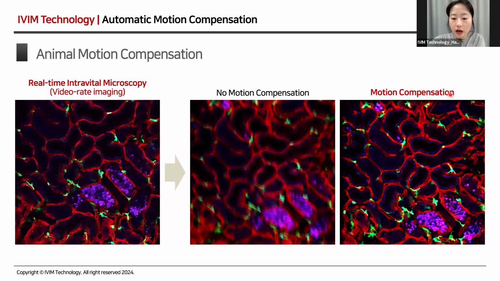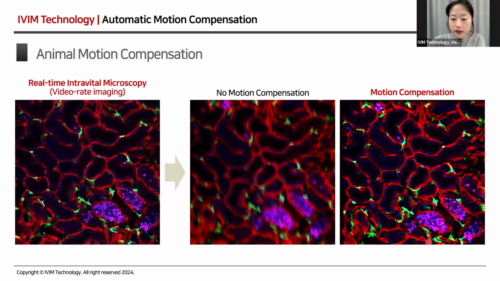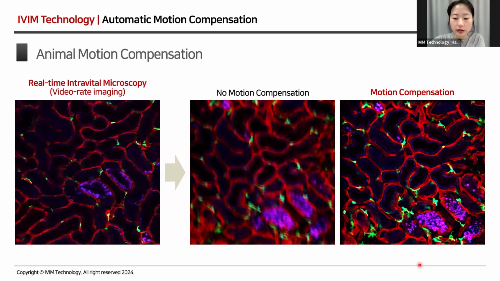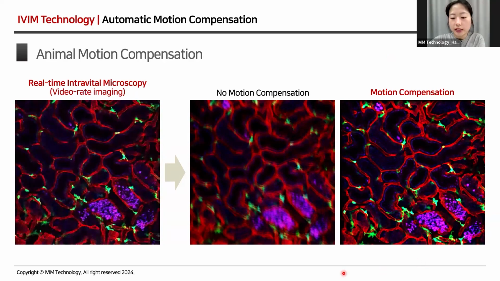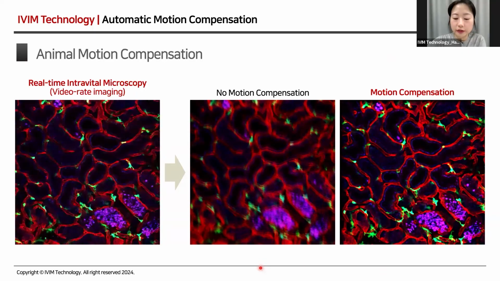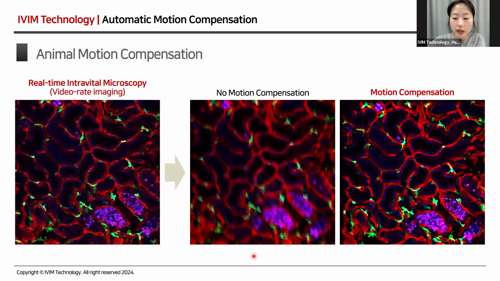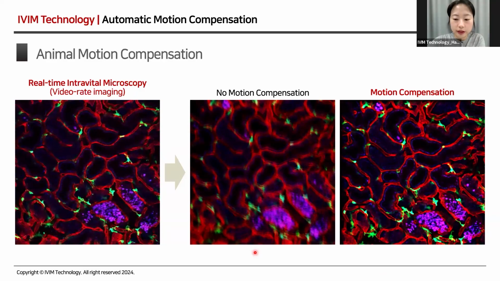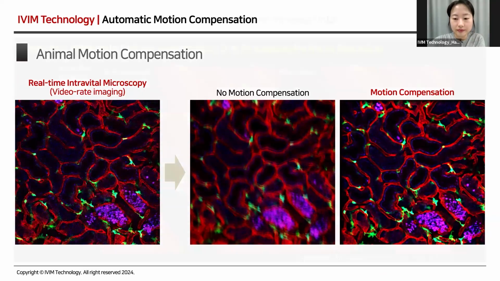But when we apply the motion compensation function, we can directly acquire a high-quality, clear image without any shifts. Thereby, IVIM has optimized the in vivo solution for intravital heart imaging or lung imaging in cardiac and respiratory research fields.